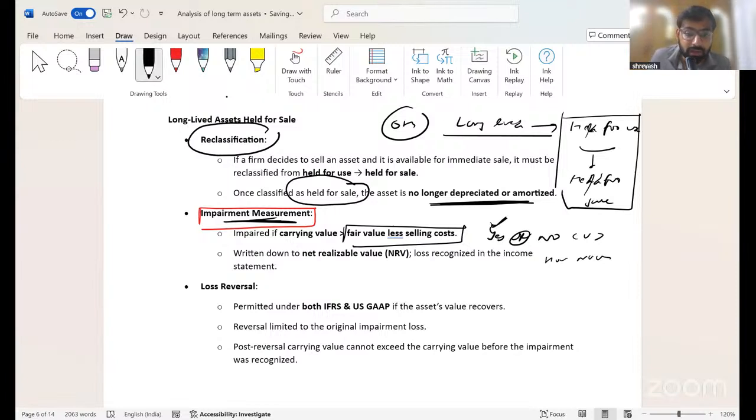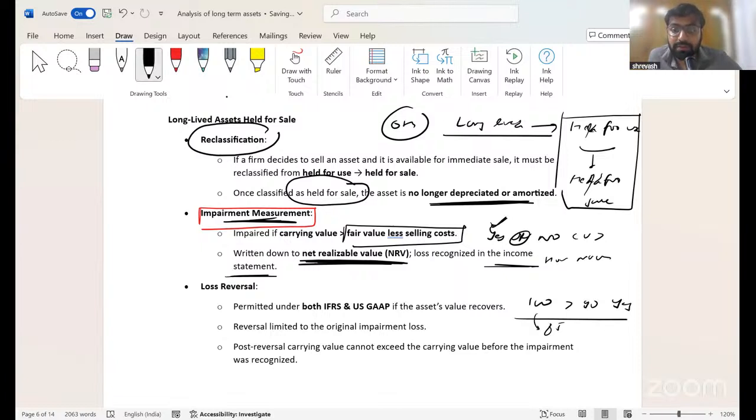You will write down the asset to NRV, which is net realizable value, and the loss will be recognized in the income statement. Whatever the net realizable value of that asset is, basically estimated selling price minus estimated selling cost, you recognize the asset at NRV. So if your asset's carrying value was 100 and fair value less cost to sell was 90, your asset is impaired. Now the NRV of that asset is 85.